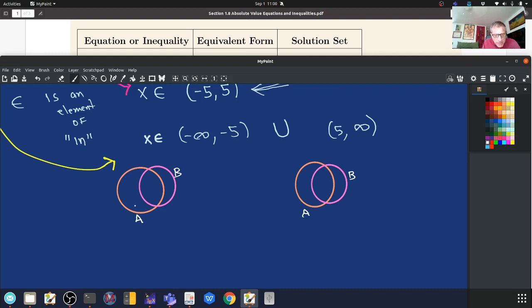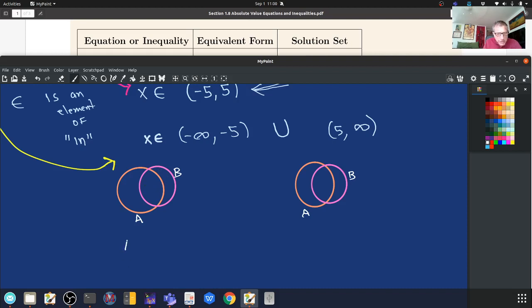Anything within the boundaries of the salmon colored circle is in A, and anything in the boundaries of the purple circle is in B.